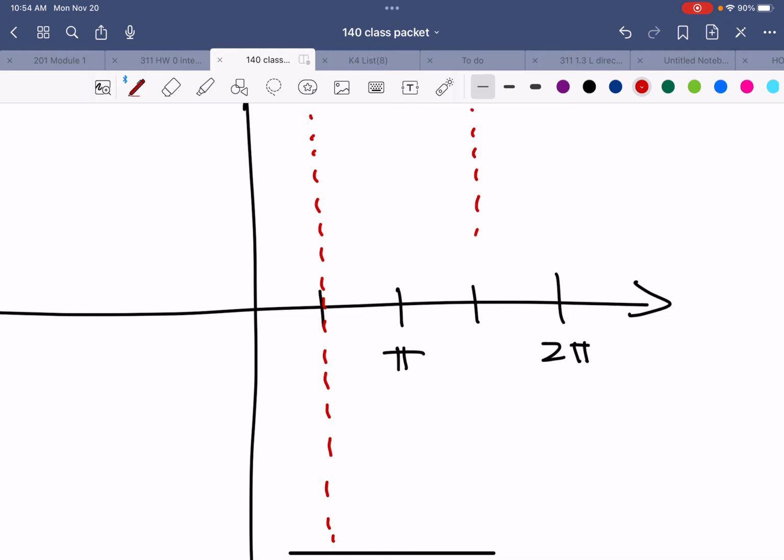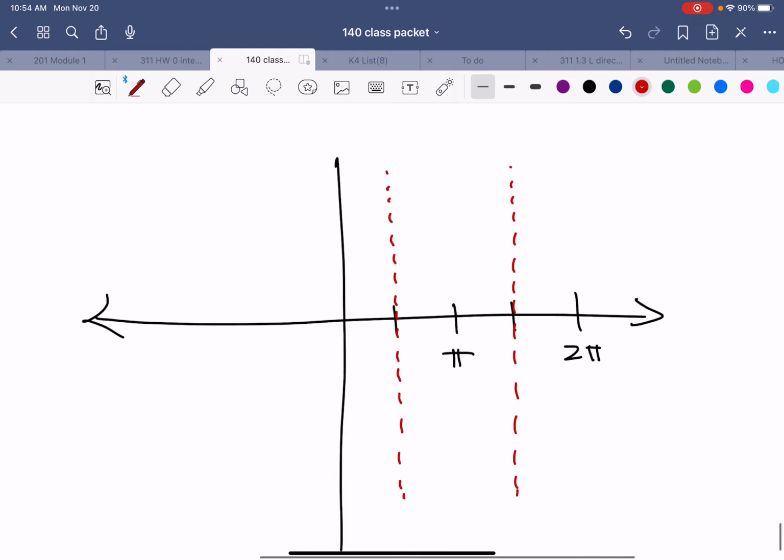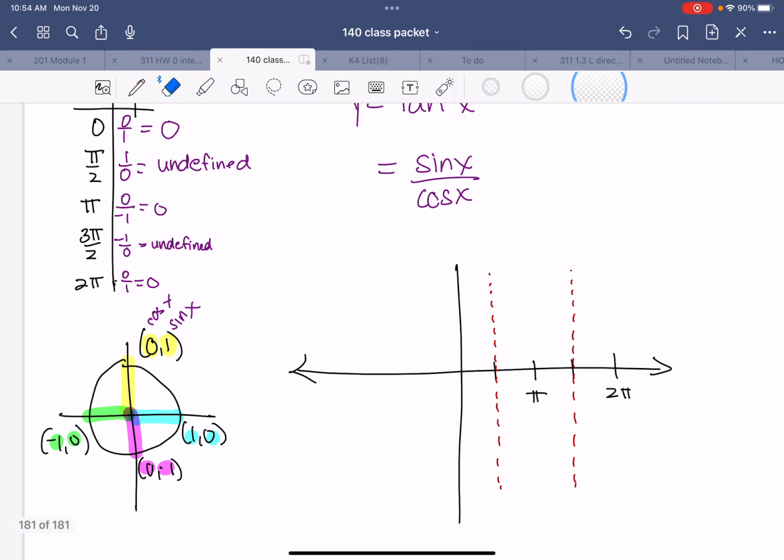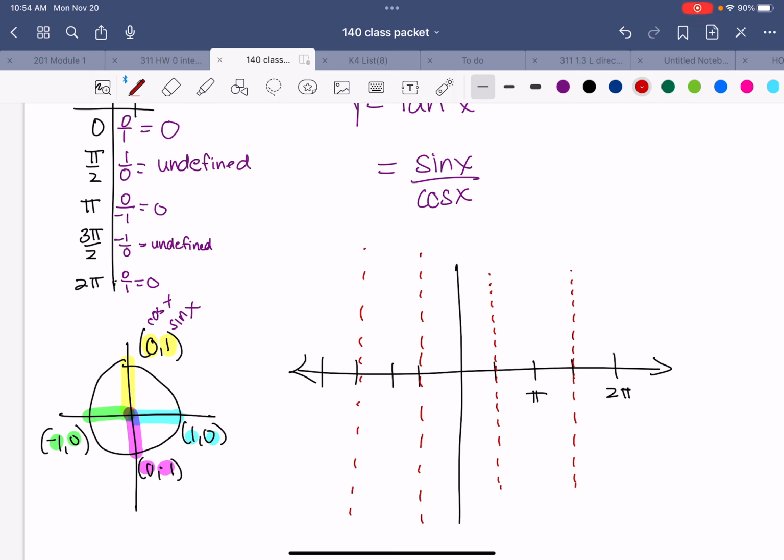And the same thing at 3 pi over 2. And by the way, if we do the same thing this way, then we're going to get them at negative 3 pi over 2 and negative pi over 2 as well.